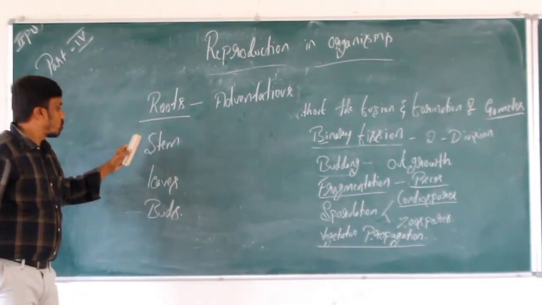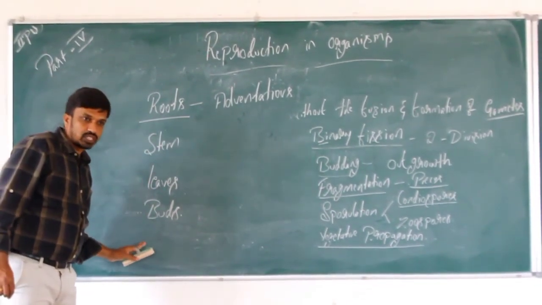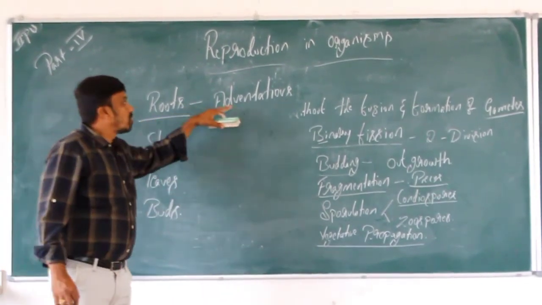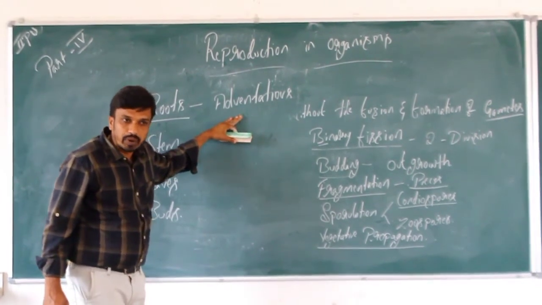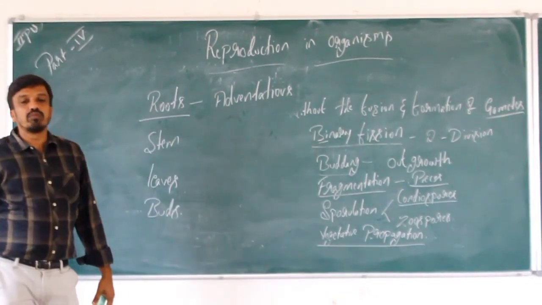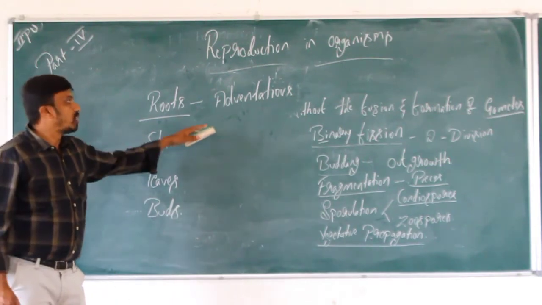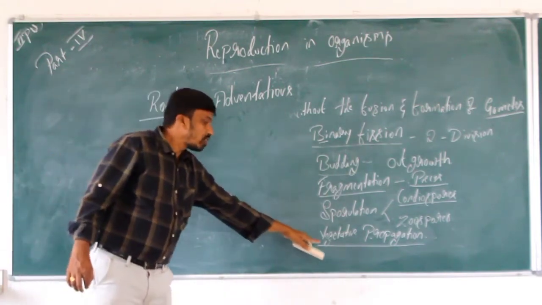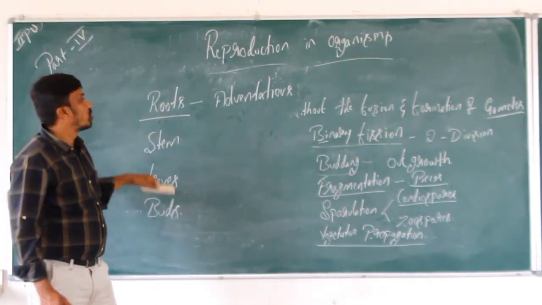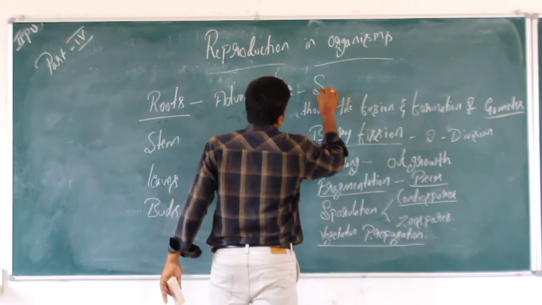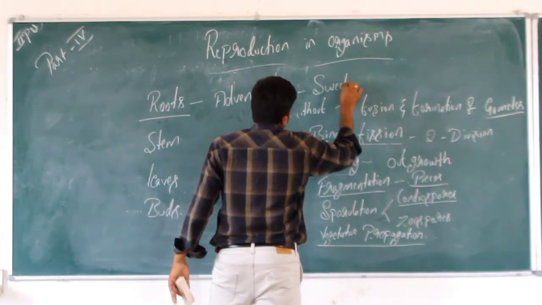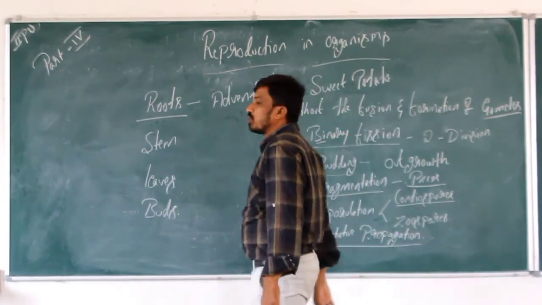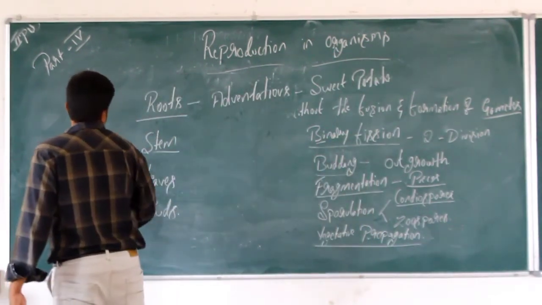In the roots, these adventitious buds have the capacity to develop into a new individual, which is called vegetative propagation by roots. Example, sweet potato.